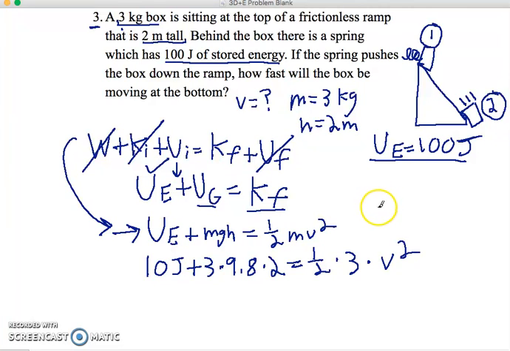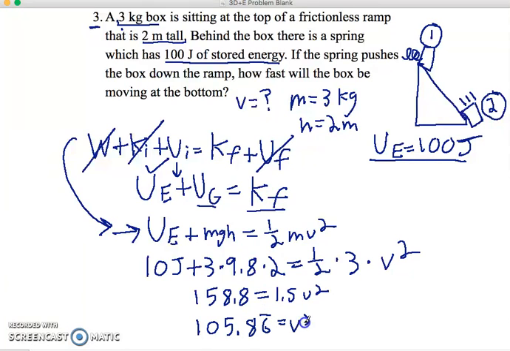So if we do the math out, we get 158.8 is equal to 1.5 v squared. And then that comes out to 105.86 repeating is equal to v squared. So the velocity is going to be 10.3 meters a second.